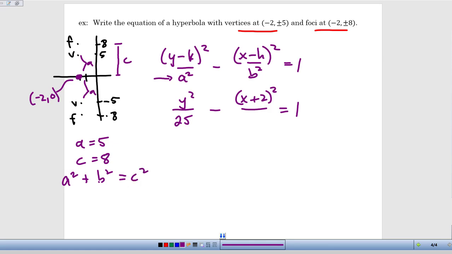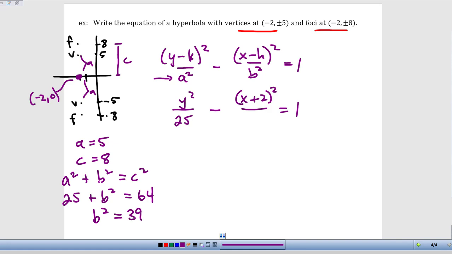If a is 5, so a squared is 25, and c is 8, so c squared is 64, we can now solve for b squared.